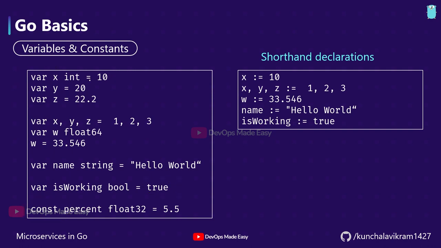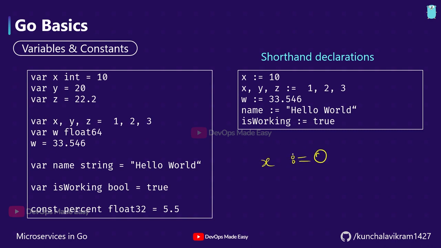So instead of putting this var keyword and integer as the data type, there is a shorthand notation. The shorthand declaration is, if I wanted to initialize x which is of type integer, I can use x like this.